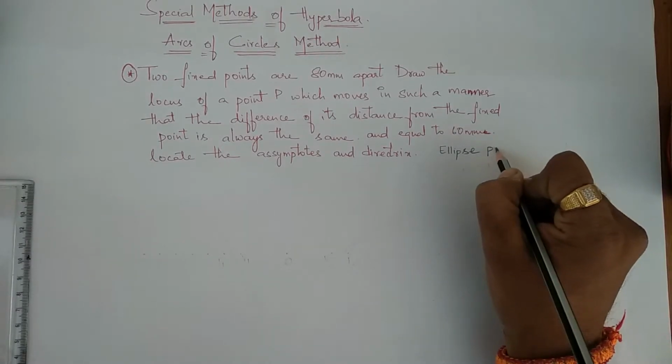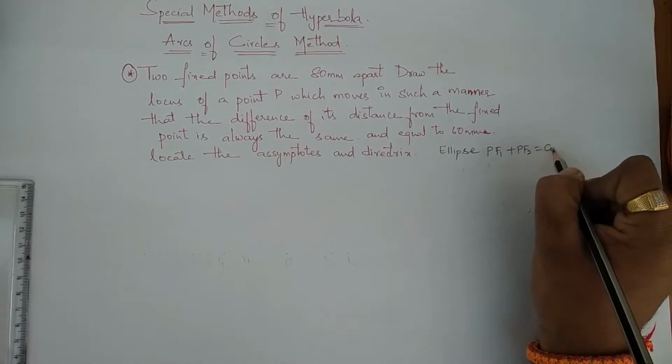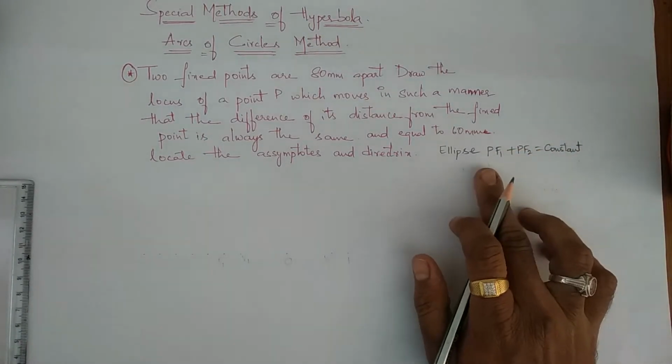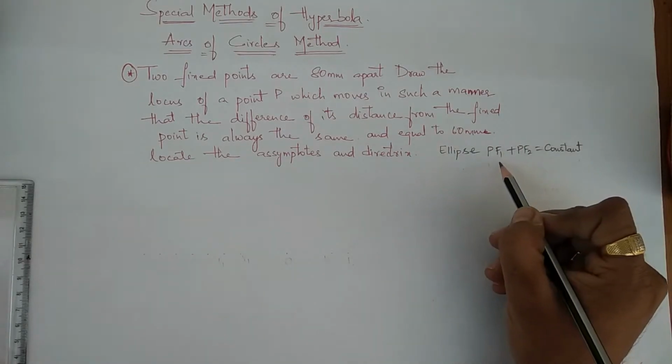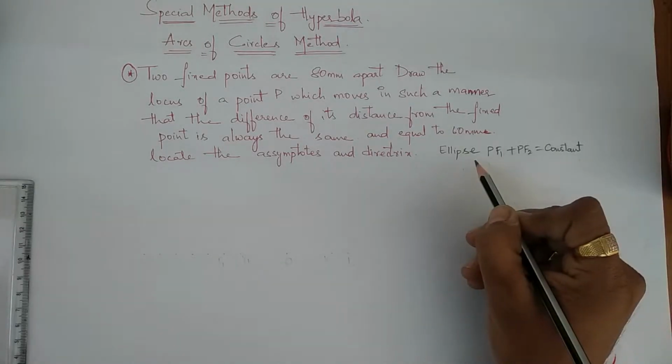So we write it as PF1 plus PF2 equals constant.